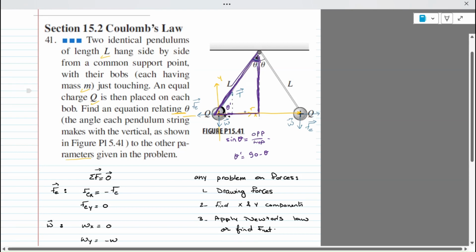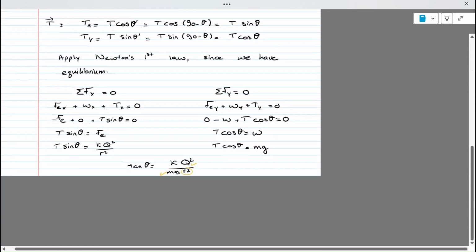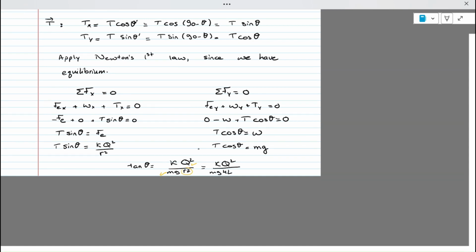The opposite here is r over 2, and the hypotenuse is L, the length of the pendulum. So we can get a relationship between r and L. r is going to be 2L sine theta. So you can directly substitute this here, giving 4 L squared sine squared theta.